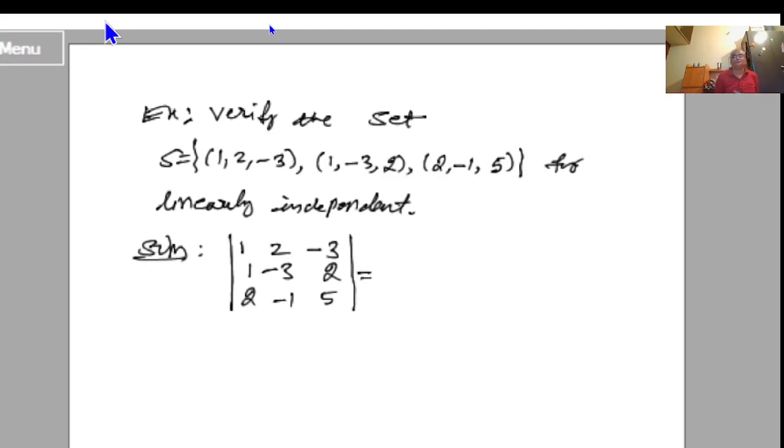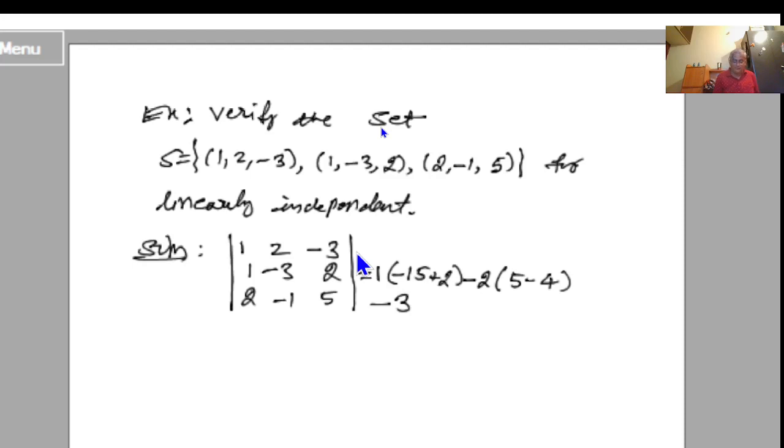This is equal to 1 into this is -15, minus of minus plus 2, -15 plus 2, minus 2 into 1 into 5, 5 minus 2 into 2, 4, 5 minus 4.